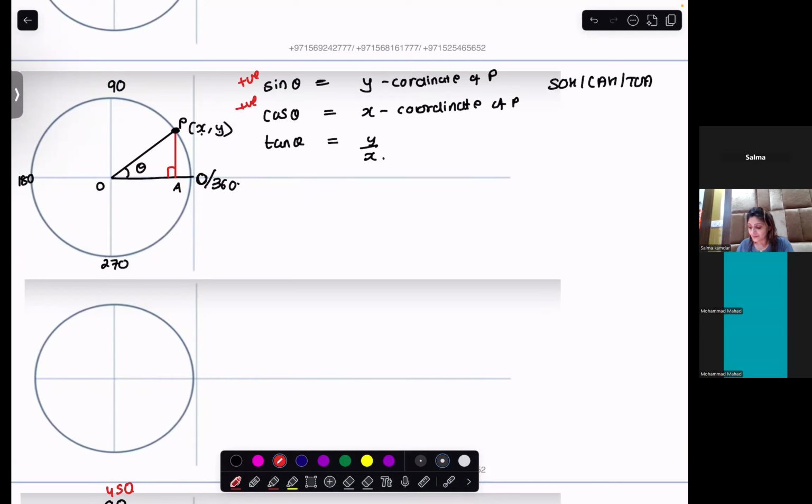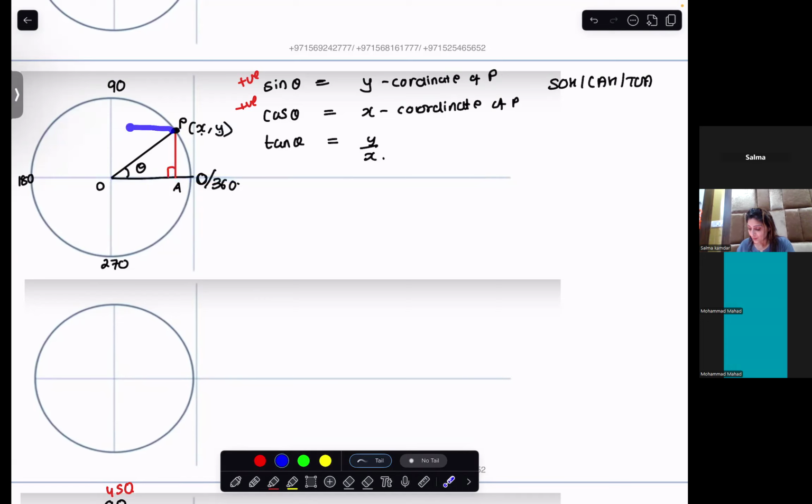I told you sine theta is the y coordinate of P. We just explained this, right? So you look at the values. This is the x coordinate, x is coming here. This is the y.